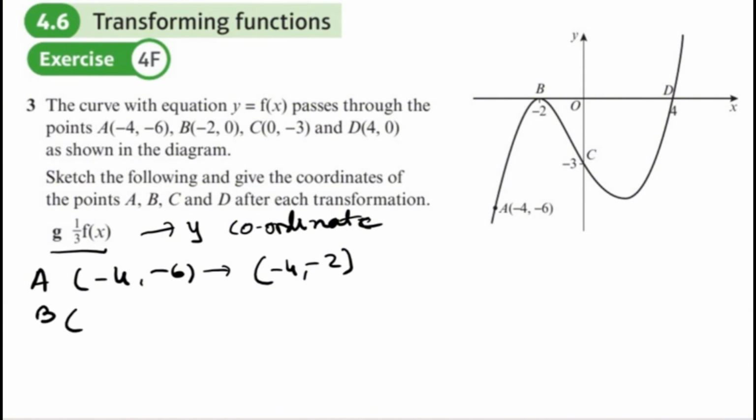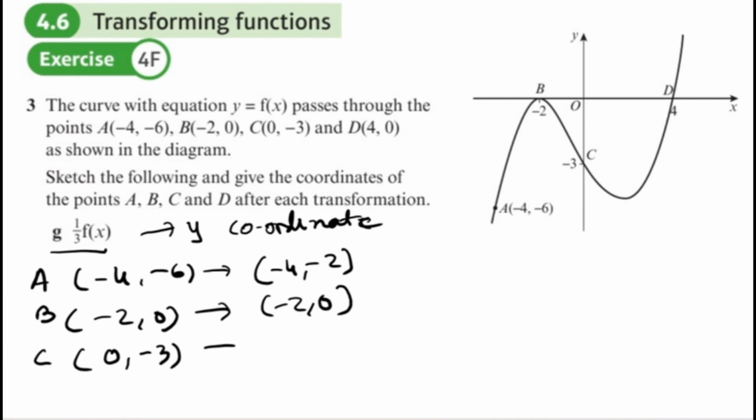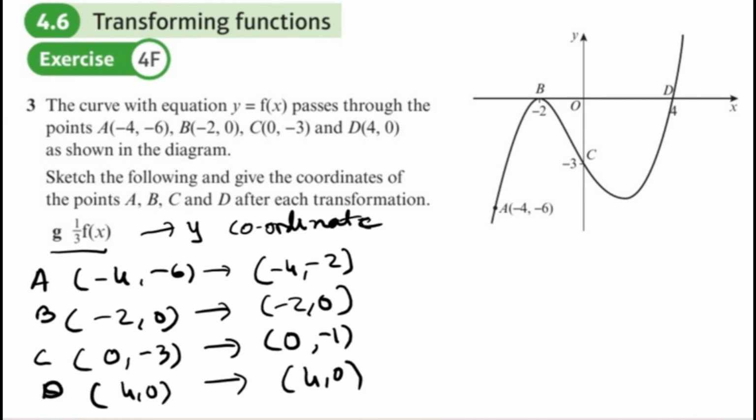B, minus 2, 0 stays the same because 0 divided by 3 is 0. C, 0, minus 3 will become 0, minus 1 because minus 3 divided by 3 gives minus 1. And D, 4, 0 will stay as 4, 0. Keep in mind the x coordinate will not change, only the y coordinate will be divided by 3.